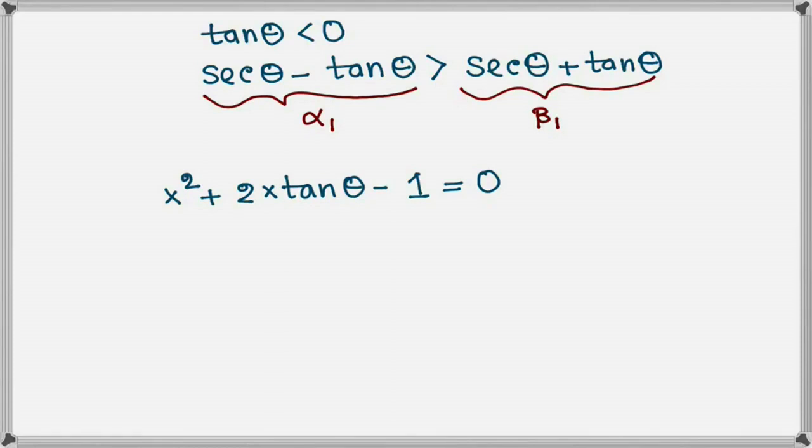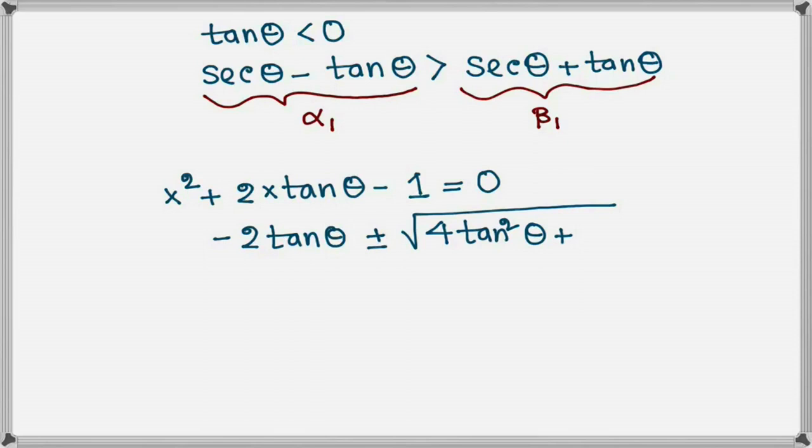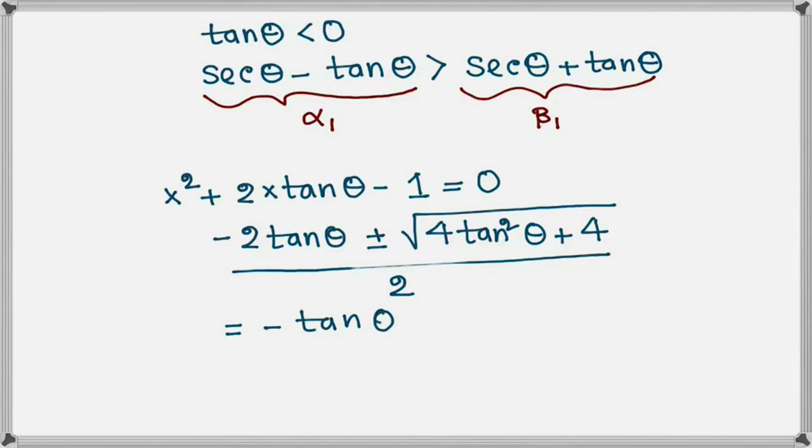And the solutions of these equations are minus 2 tan theta plus minus square root of 4 tan square theta plus 4 divided by 2, and this is equal to minus tan theta plus minus sec theta.